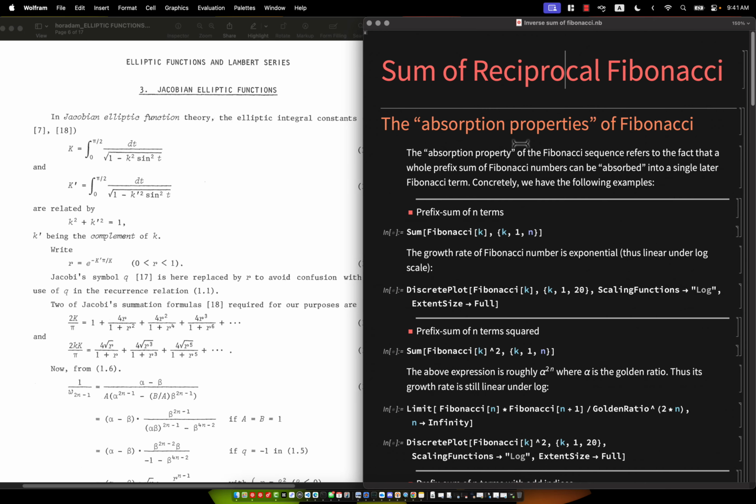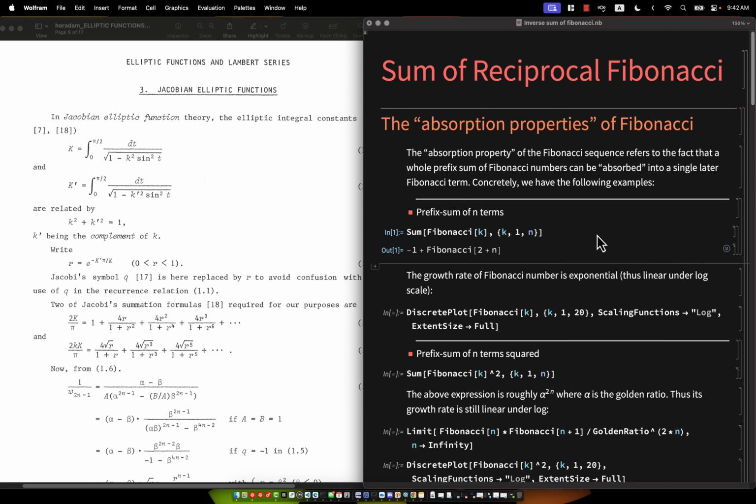Okay, let's go back to this topic on the Fibonacci sequence. The Fibonacci sequence is very well known, so I will skip the definition. It starts from 0, 1, and the next term is the sum of the two previous ones. Sometimes we start with 1, 1 or 0, 1, depending on your convention.